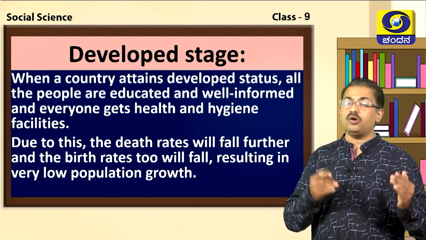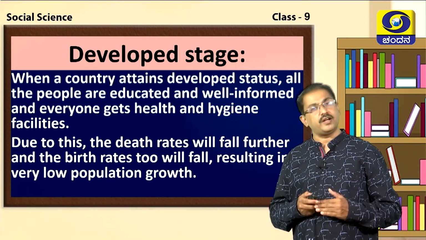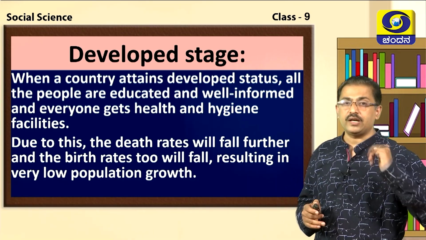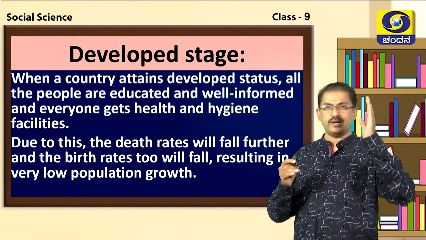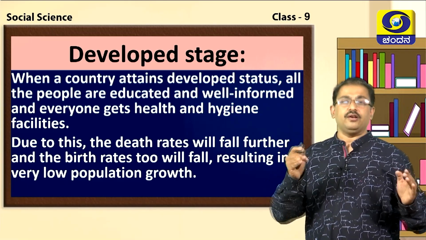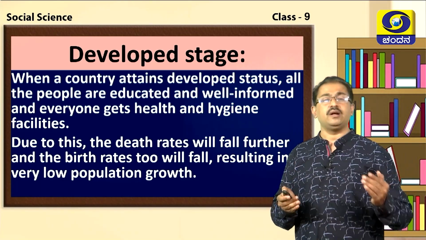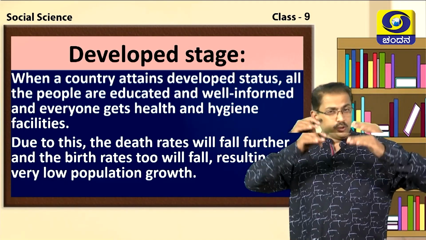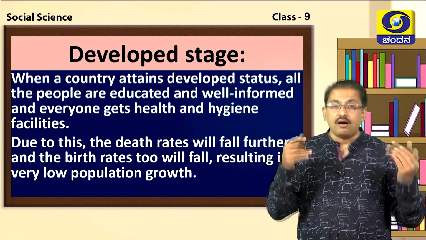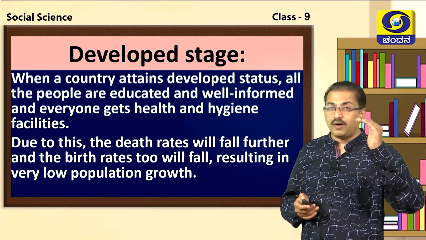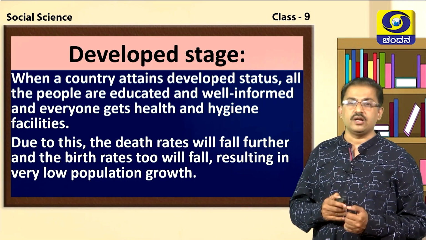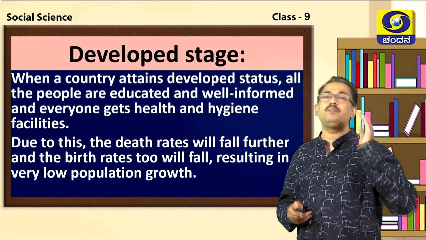Let us see one more concept, the developed stage in the demographic transition. When a country attains developed status, all the people are educated and well informed, and everyone gets health and hygiene facilities. Due to this knowledge and awareness, the death rates will fall further and birth rates too will fall to some extent, resulting in very low population growth.